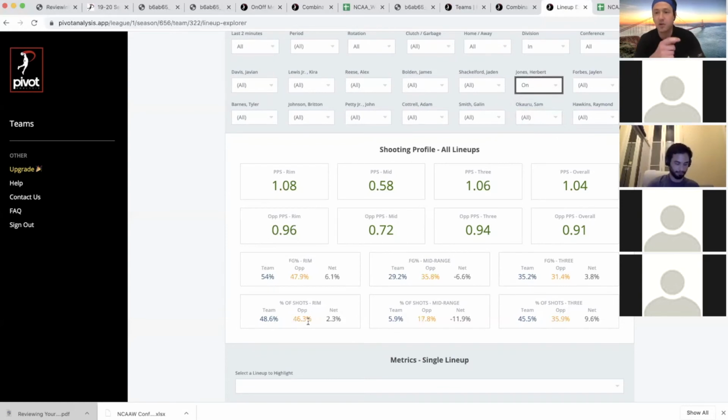And so those are not huge swings, but because the shot at the rim is the most efficient shot, being able to reduce that efficiency and reduce the proportion of shots ends up having an exponential effect in terms of his impact. So he's able to have a decent defensive impact on the shot profile just by the fact that when he's on the floor, maybe he's not the sole reason for it, but he's definitely a factor in creating a scenario where opponents are getting to the rim less often, and when they do get to the rim, they're making it less often.